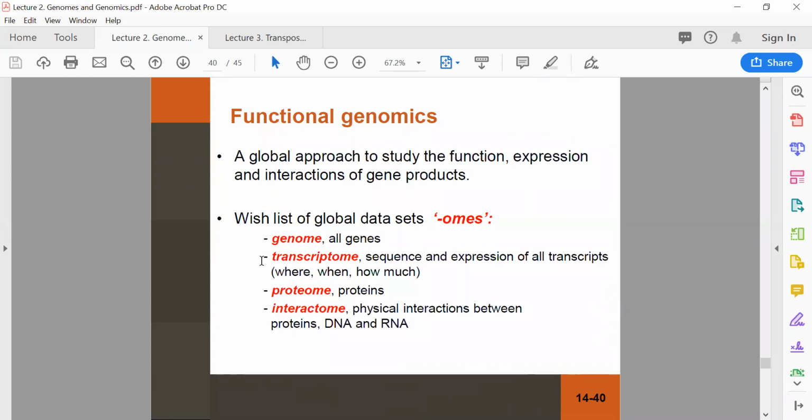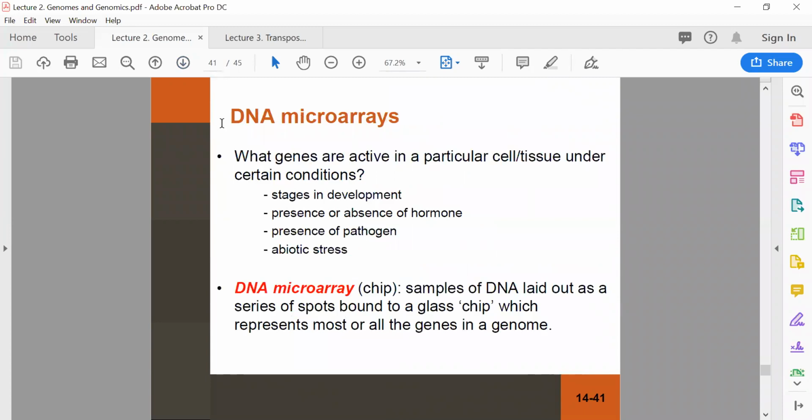So here's the term transcriptome, which means sequence and expression of all the transcripts in the genome, where they are, when and how much. We've already looked at the proteome, and there are also others: the interactome, the lipidome, looking at lipids, epigenome, metabolome, variome. There are quite a few. In fact, it's very difficult to keep up with all the omes, all the data sets.